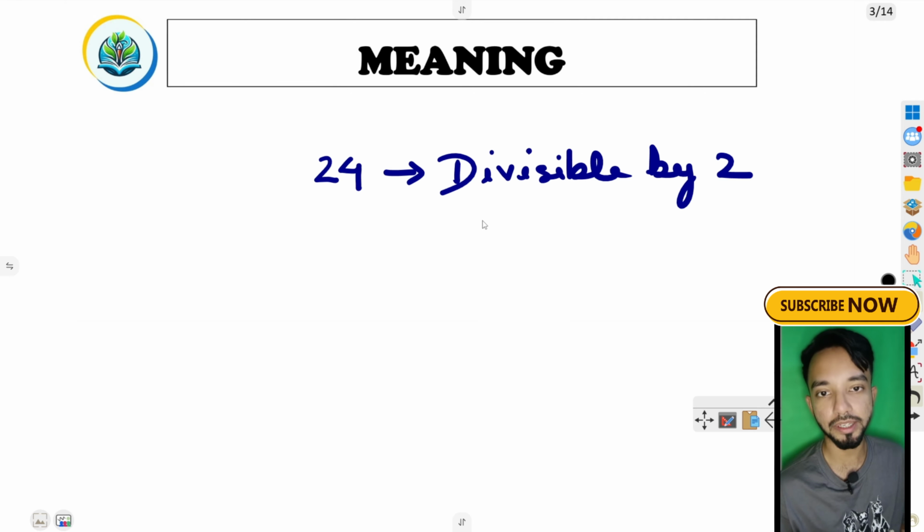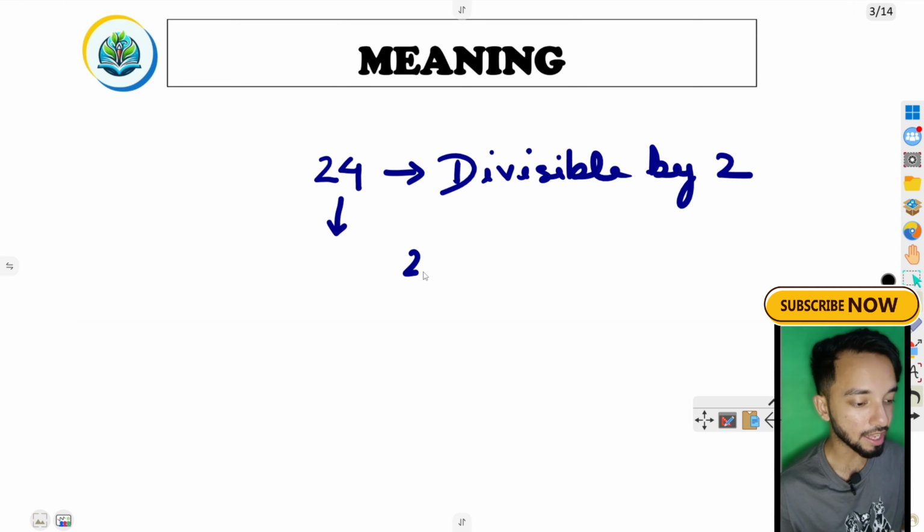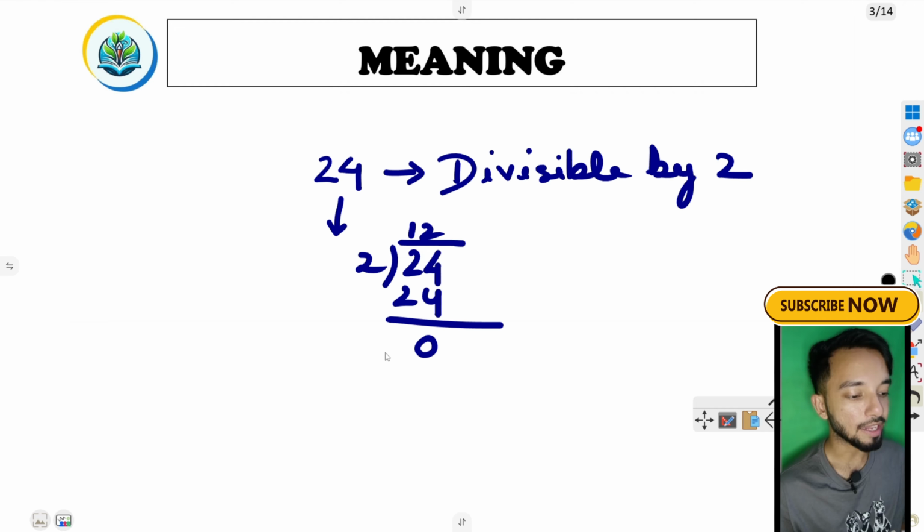Whenever I say 24 is divisible by 2, what does it mean? It basically means that if we divide 24 by 2, 2 ones are 2, 2 twos are 4, we will get the remainder as 0. 24 is divisible by 2 basically means that if we divide 24 by 2, the remainder will be 0.